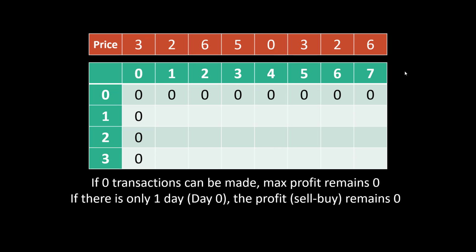Now, initially, we can say that on the 0th day, which is this column, we can attain a profit of only 0 rupees because the maximum that we can do is buy on this day and immediately sell on the same day, which gives us profit as 0. Secondly, if we see this 0th row, which means that you can perform 0 transactions, you cannot make any profit, and so the profit remains 0 in this particular row also. So this is the pre-filled condition for this DP array that we are going to consider.